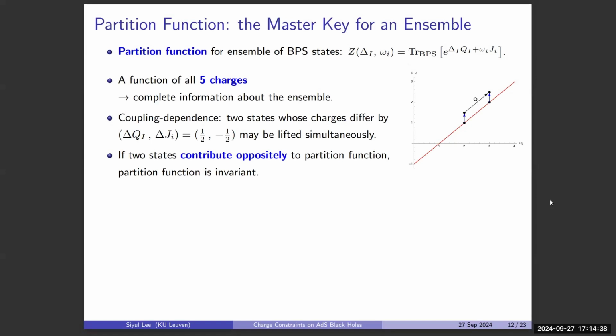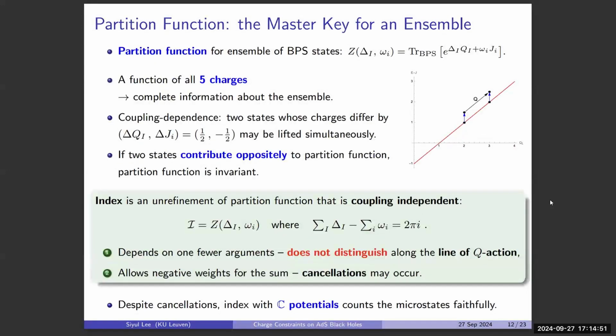So you can define the chemical potentials to count these 2 states with negative opposite weights. Then the partition function will be independent of the coupling constant. And that's what we call the index. The index is a particular unrefined version of the partition function that has this remarkable property of being coupling independent.